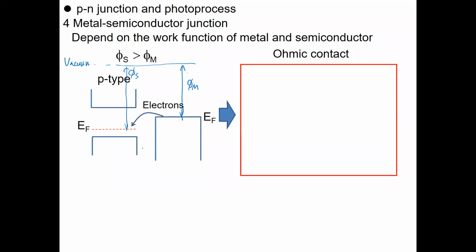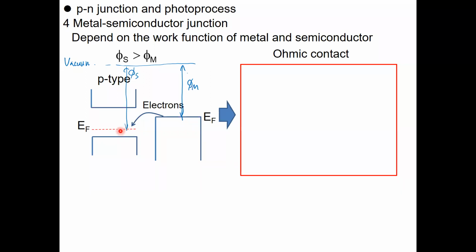So based on what we learned, the electrons from the metal side move towards the p-type semiconductors. And I'd like to remind you that p-type semiconductor has acceptor levels here.